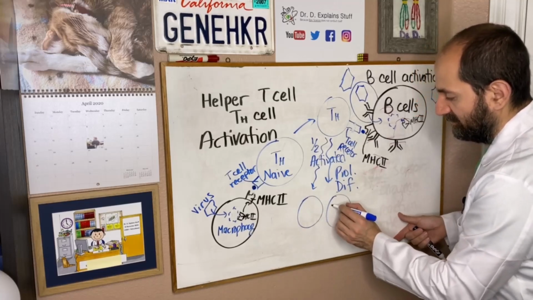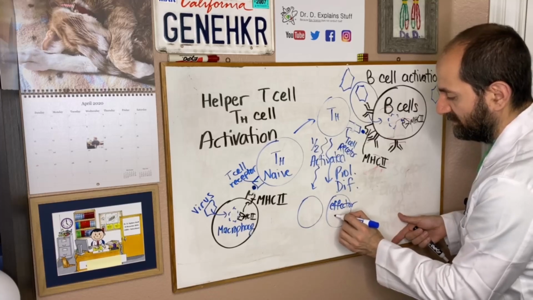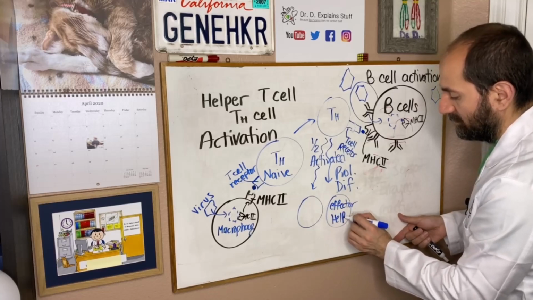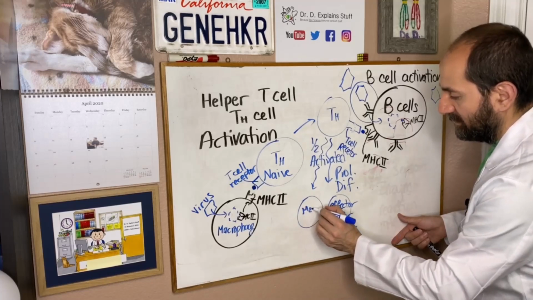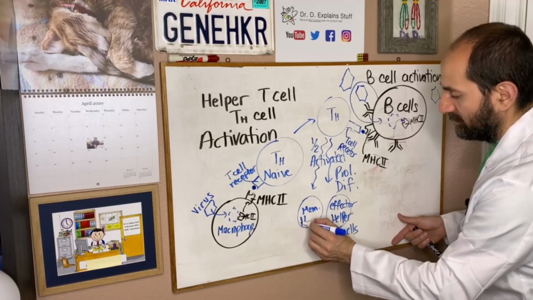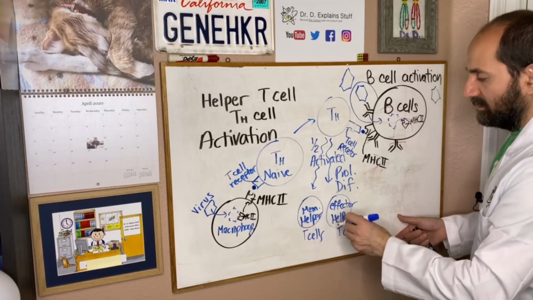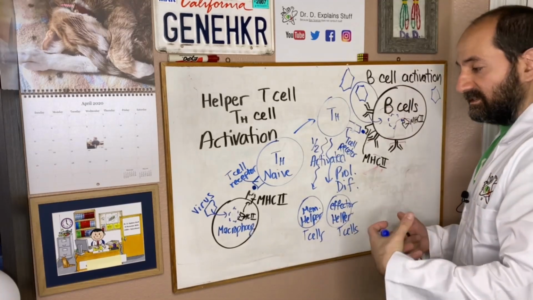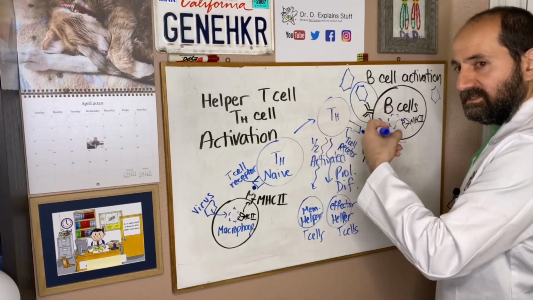And it's going to make effector helper cells. And it's going to make memory helper T cells. So what it does, once it gets that second handshake, it multiplies, it differentiates.